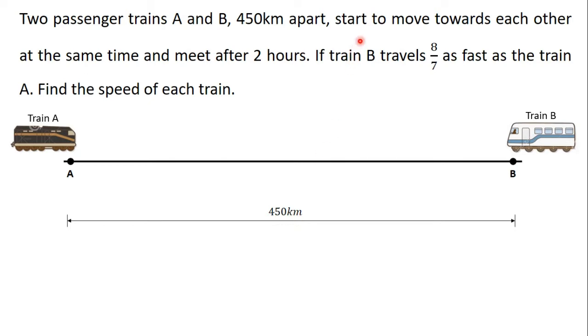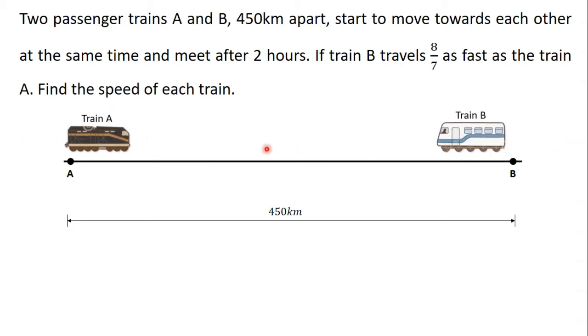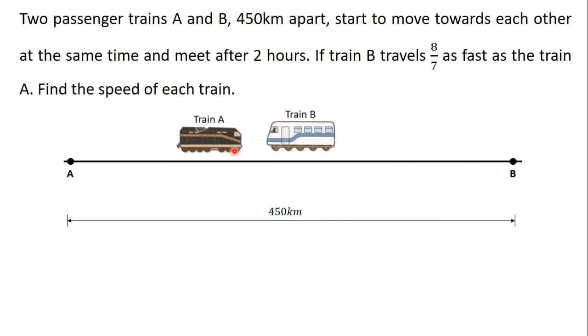Now the question goes on to tell us that these two trains start to move towards each other at the same time. So they move towards each other at the same time, and after 2 hours they meet at a point.